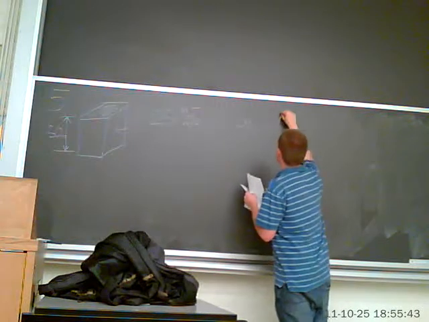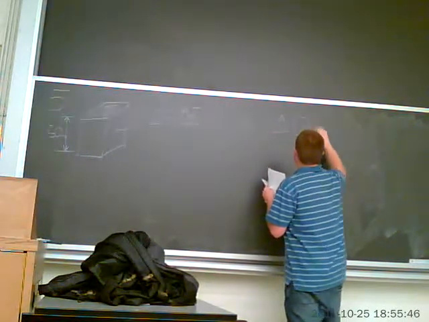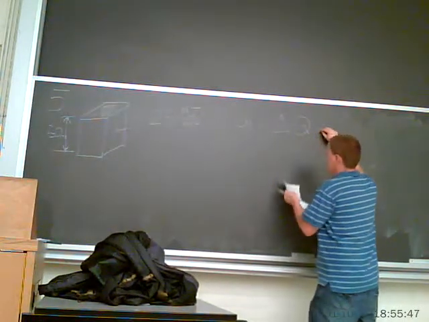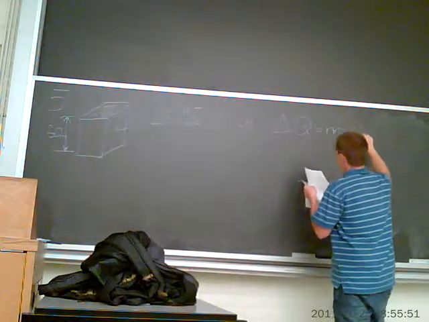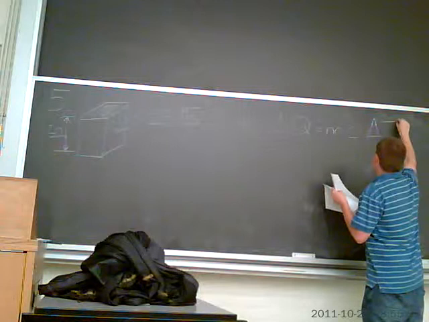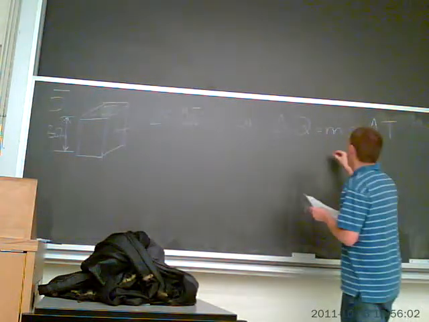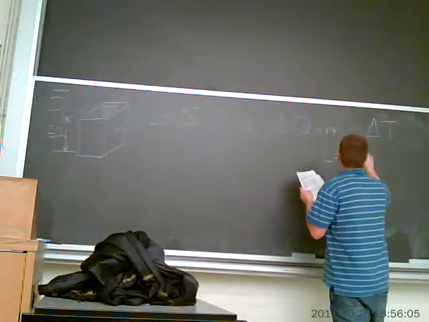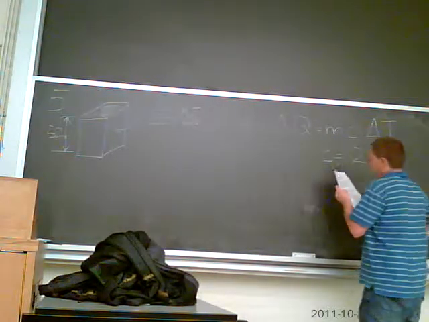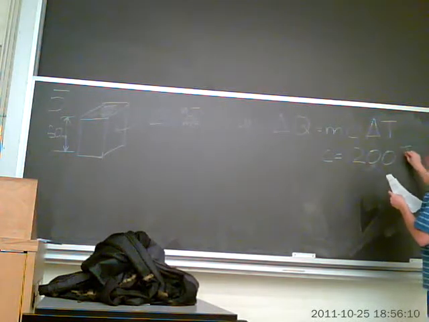We're going to look at the equation, where the change in energy is mass times some constant, C. What throws you off in this question is that you're given C for dry air as 1200 joules per meter cubed.